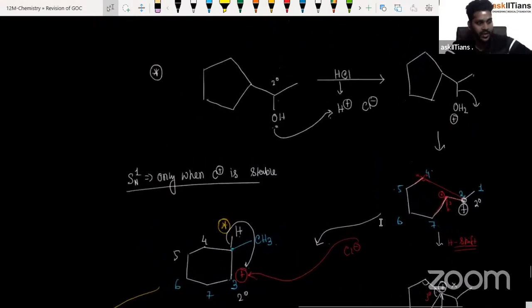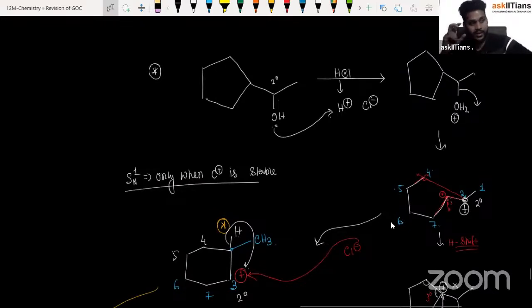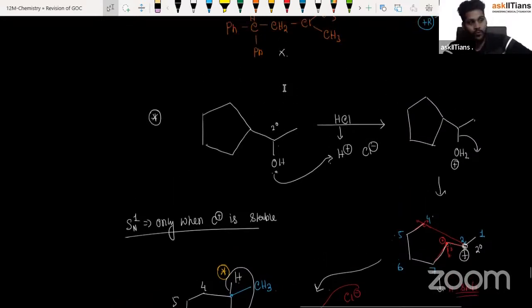One more thing that I can tell you right now is how to understand whether there is bond migration or not. Whenever you get a ring below 6-member, always remember it has the potential to make the rearrangement, the bond shift, because 6-member is the most stable with respect to rings.